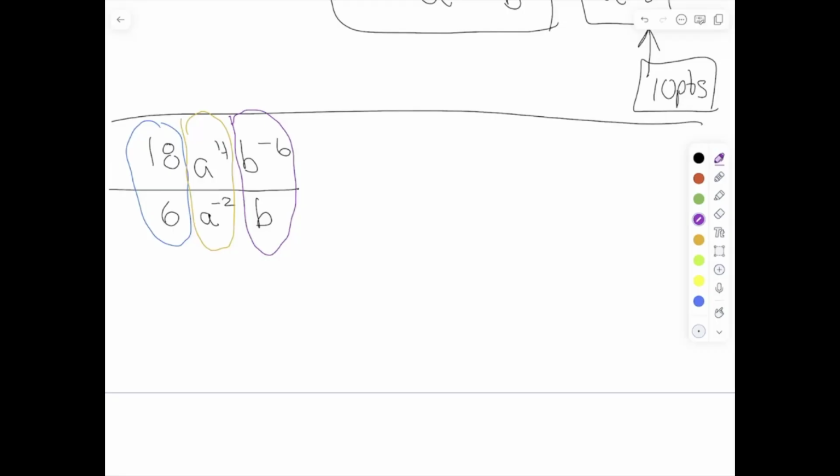Well, what I did was I wrote them again separately. And then 18 over 6, I just left it like that. I just wrote them separately. And then for my exponents, I did my exponents first, which was since there's no exponent for the B, I just left it as negative 6.